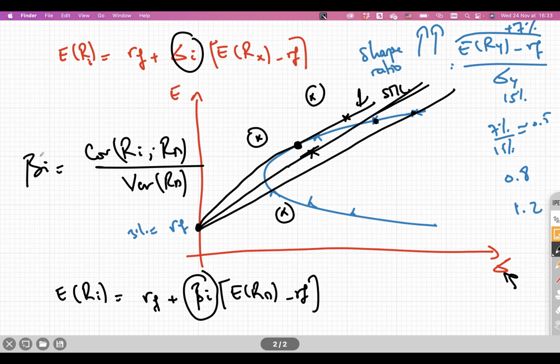So still, they are moving in the same direction, but now the stock is slower, more conservative than the market. Now, suppose the beta is negative, less than 0. Let's say beta is equal to -1. This means that this particular stock will move in the opposite direction of the market. If the market goes up, the stock will go down, and inversely, if the market goes down, the stock will go up.